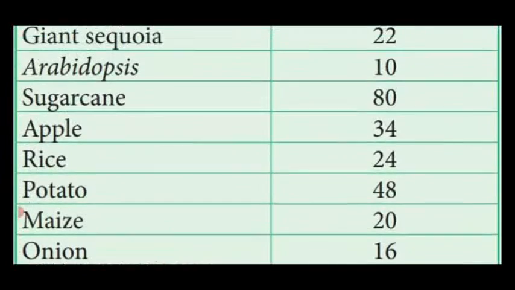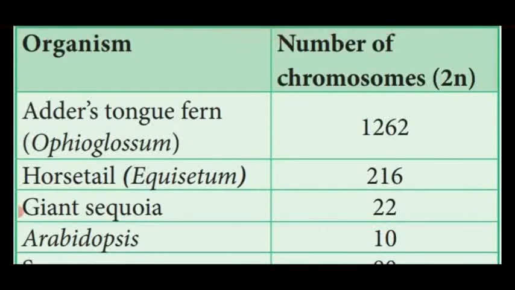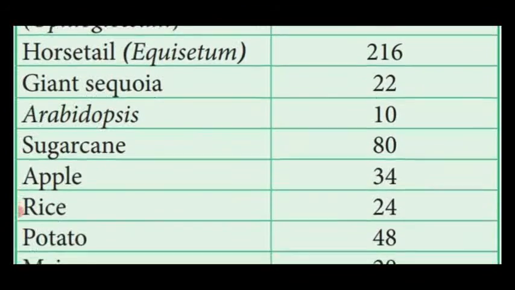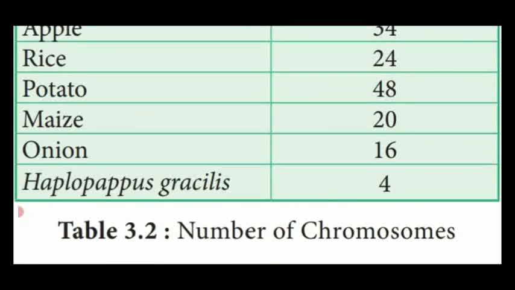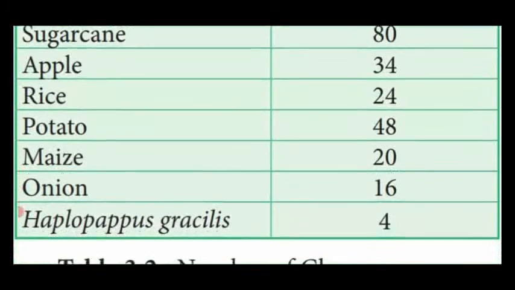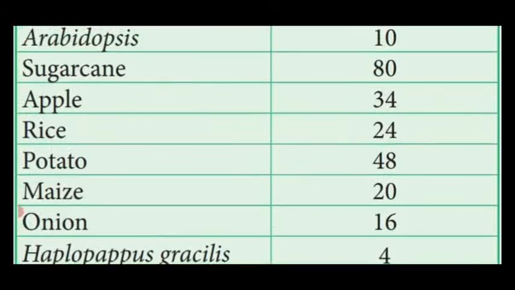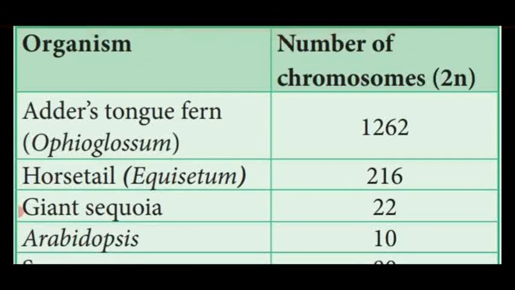Those are the different organisms and their chromosome numbers given in the table column. Each and every one is an important 1-mark question. Dear students, kindly note down in your textbook the number of chromosomes of each organism.